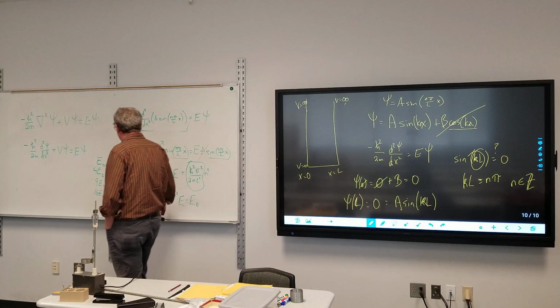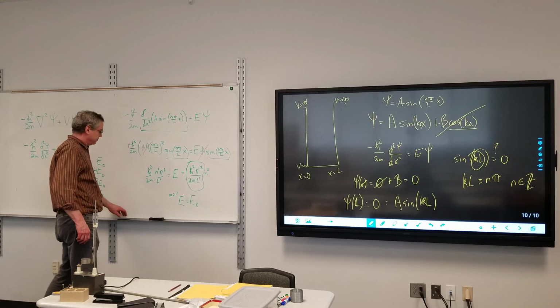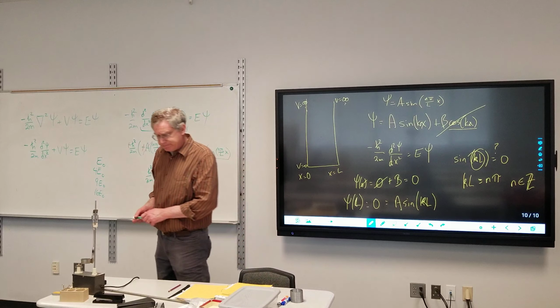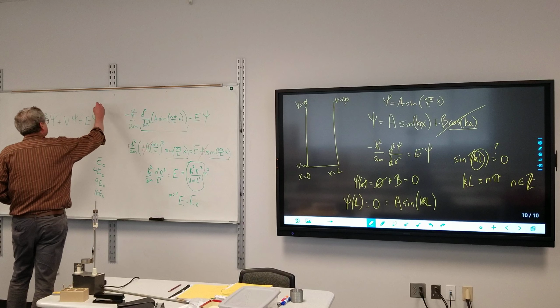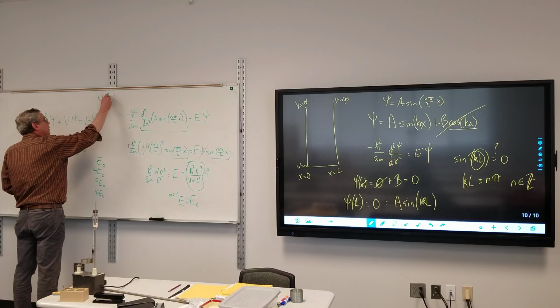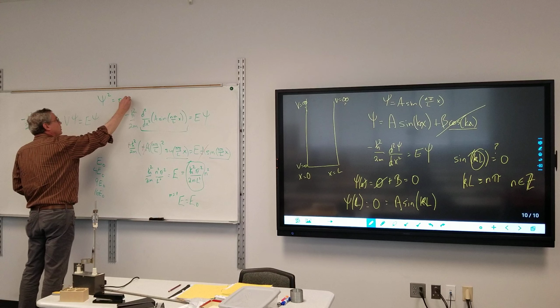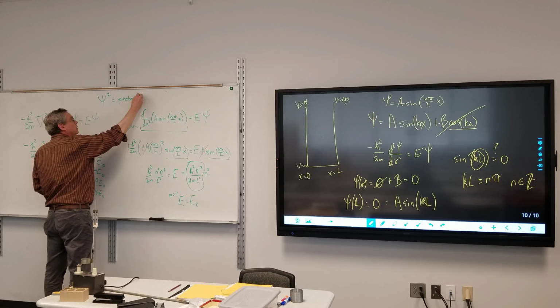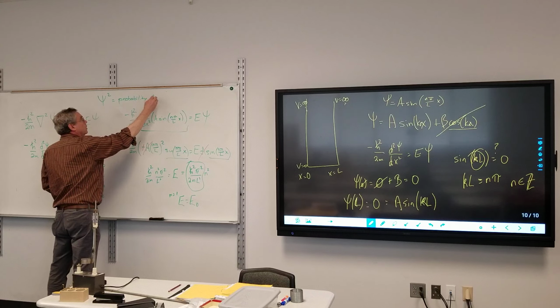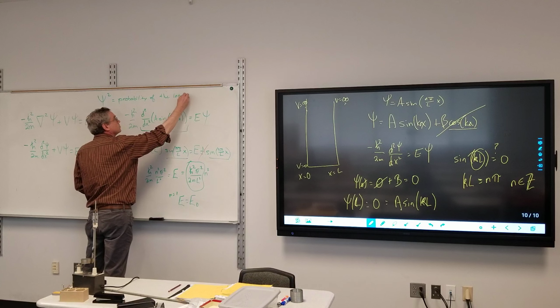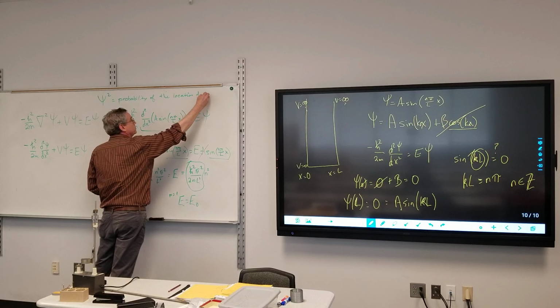That if you take your wave function psi and square it, that is going to be equal to the probability of the location of the particle.